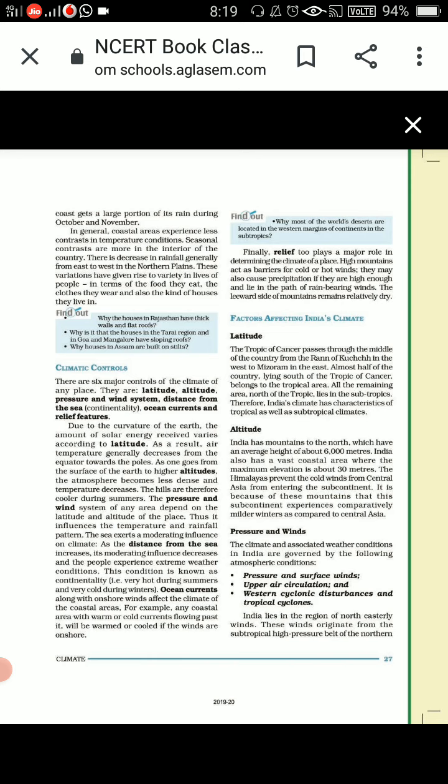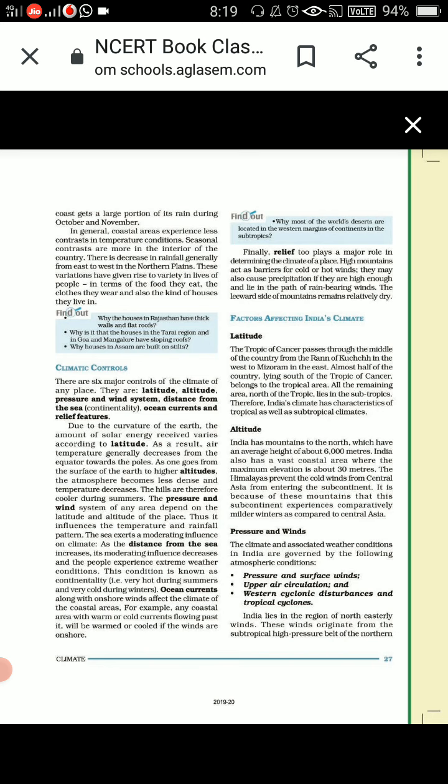Now, children, the next is factors affecting India's climate. The first factor we discussed is latitude. Here we are talking about only India. The Tropic of Cancer is passing through the middle of the country, from the Rann of Kutch in the west to Mizoram in the east. So almost half of the country, which is lying to the south of the Tropic of Cancer, belongs to a tropical area.